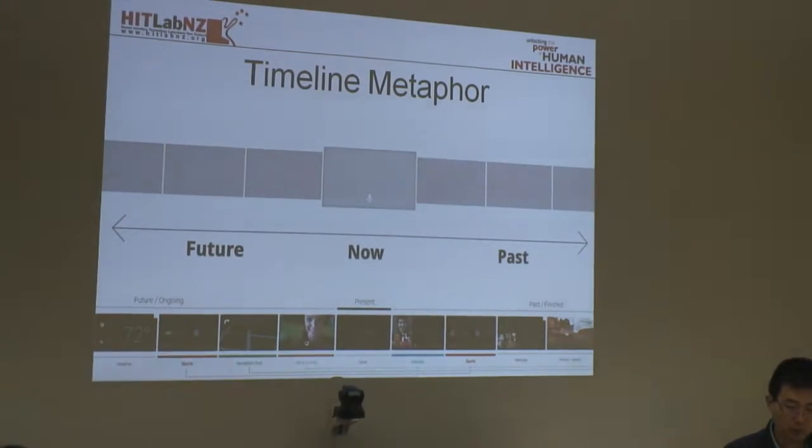Basically, what Google Glass shows on the screen uses a timeline metaphor. I think Mark might have talked a little bit about the timeline metaphor on the Glass. When you first turn on the screen, it starts with the present screen, which shows the clock, the present time.